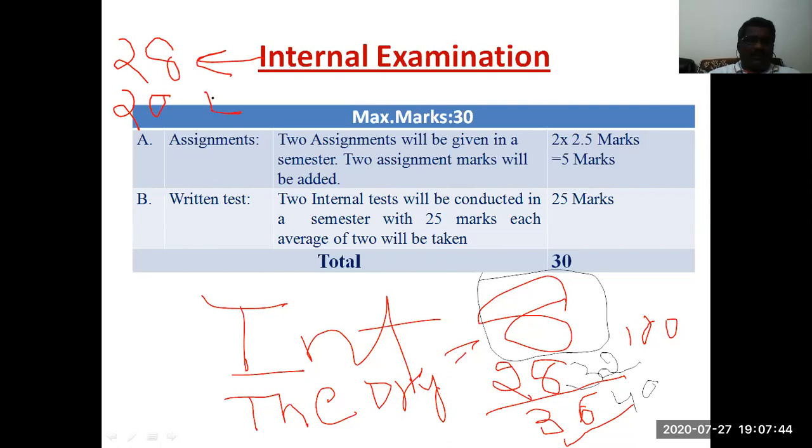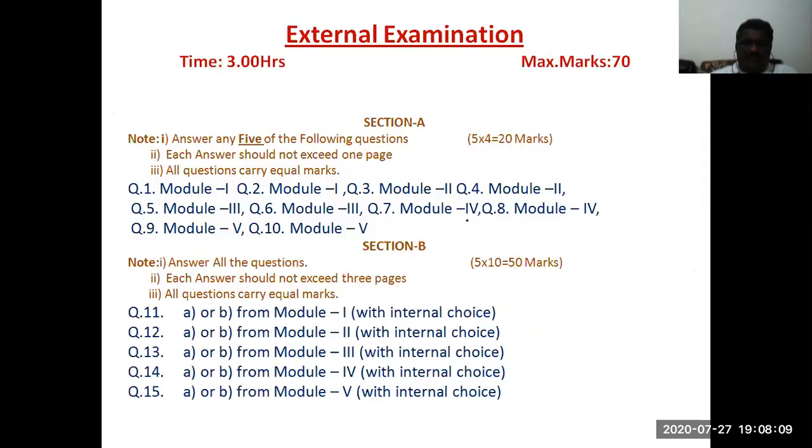In this case, the total marks he got is 48, but the student is not considered as passed in this subject. Why? Because the external examination is for a total of 70 marks.